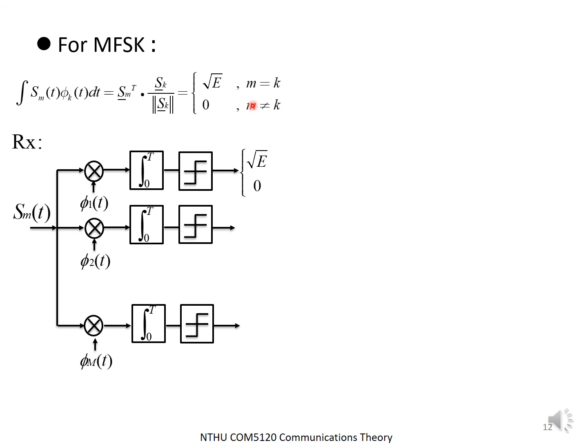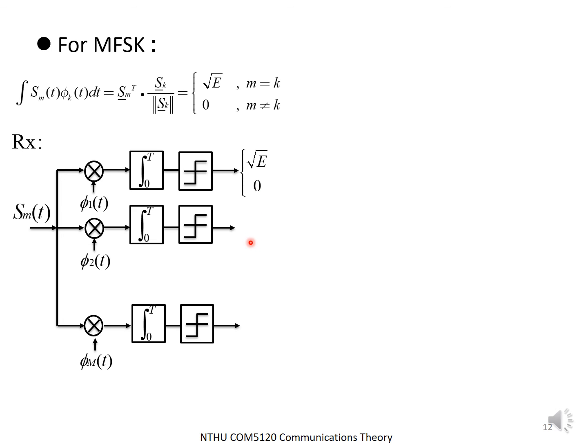This is the classical MFSK. The inner product on each basis would be either equal to the square root of E or 0. Only one of the bases contains a value, and there are M different bases. That is the M-array FSK.